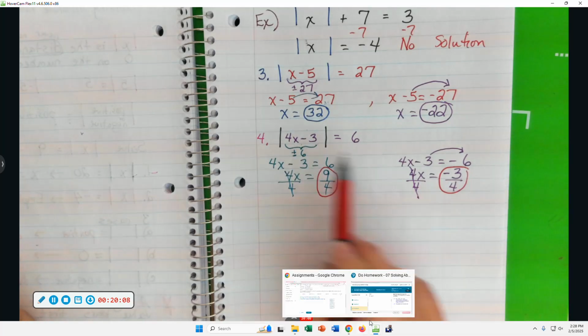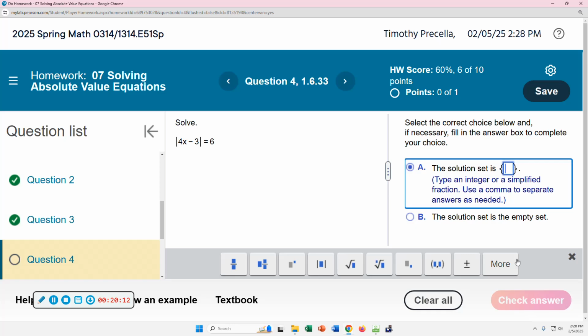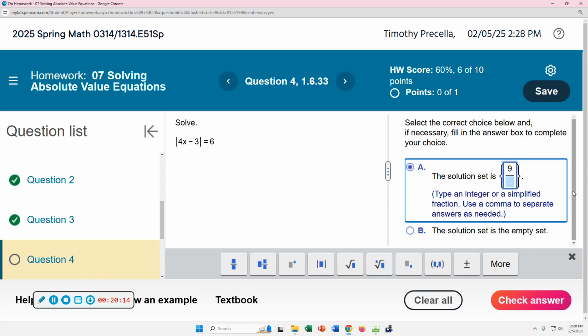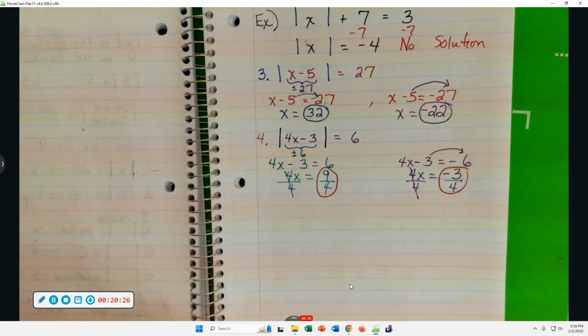Negative 3 over 4 gives us a negative 6. 9 over 4, comma, and then negative 3 over 4. Is that it? Any questions there?